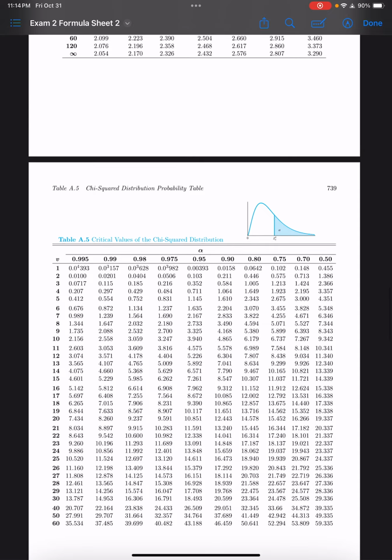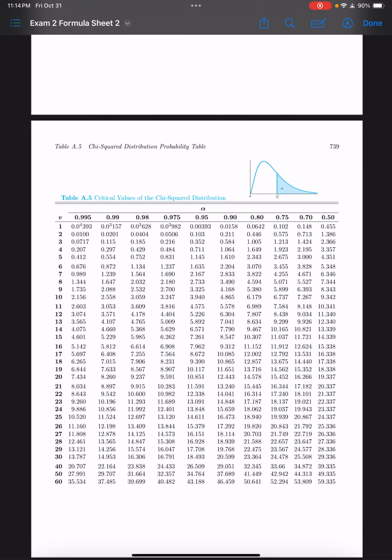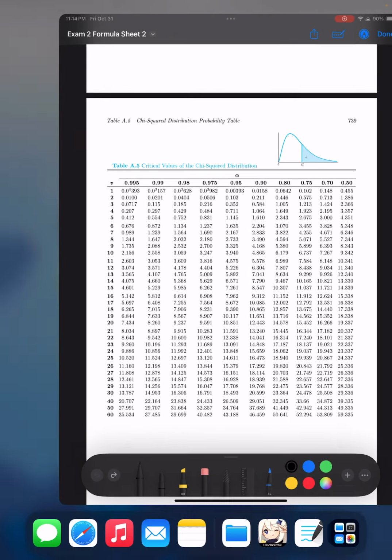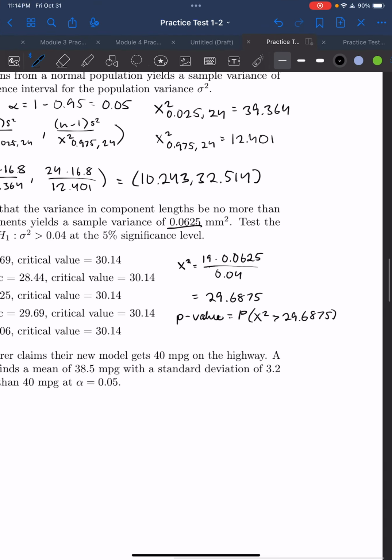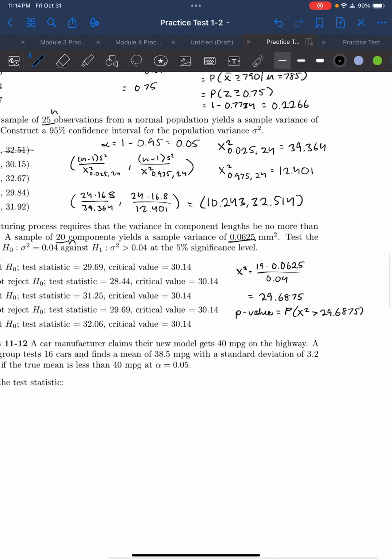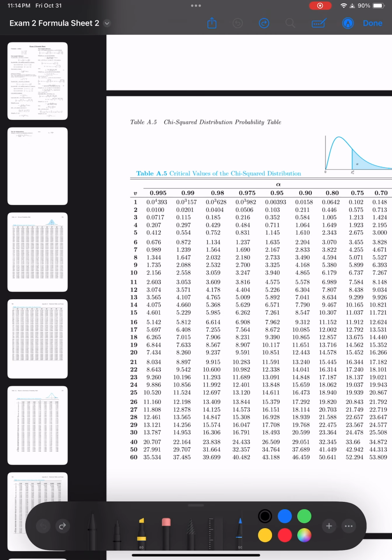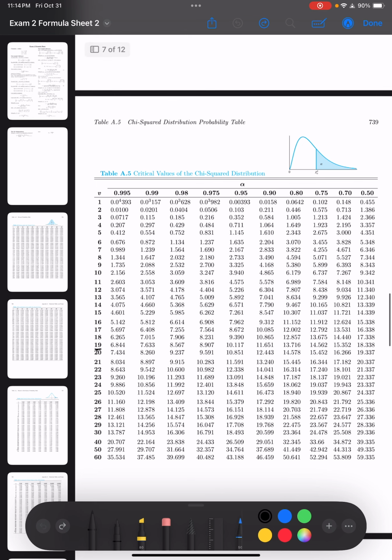And our degrees of freedom should be 24, or sorry, not 24, it should be 19. So keep that in mind when we look at our table. And so we have our 19 degrees of freedom, and then don't see your 29 yet.